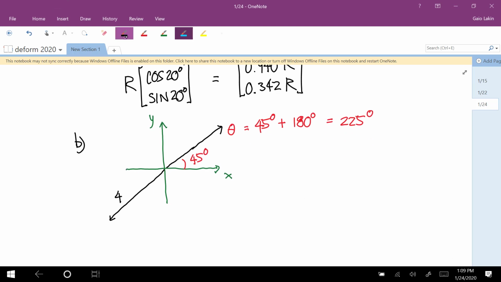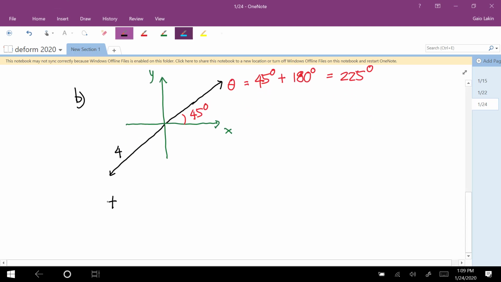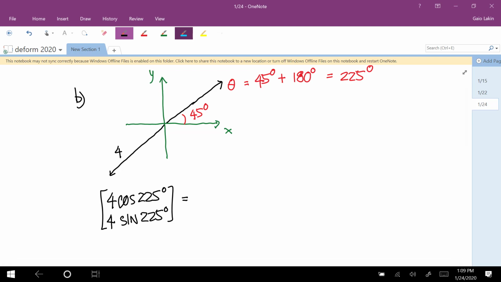And then the vector is 4 times cosine of 225, 4 times sine of 225. And that is negative 3.464, negative 3.464.